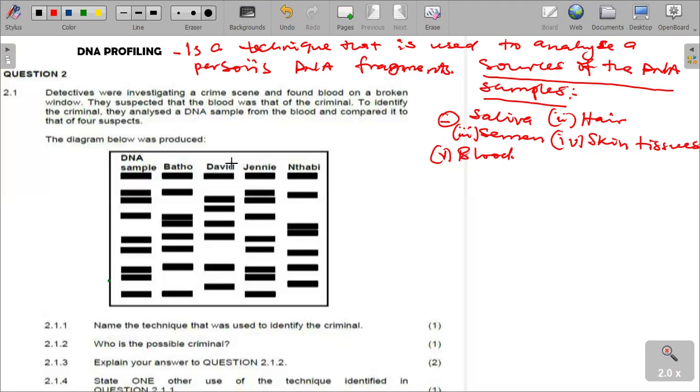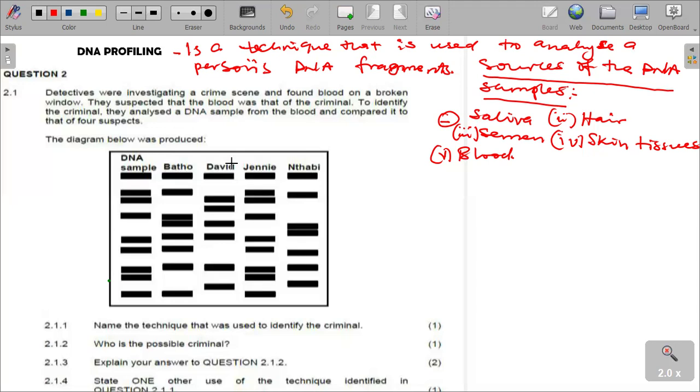So a DNA sample of blood was found on a broken window, which was the crime scene. When police have to solve criminal cases, they usually use DNA samples in cases where the perpetrators are not found directly.